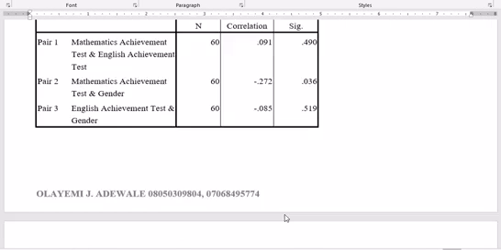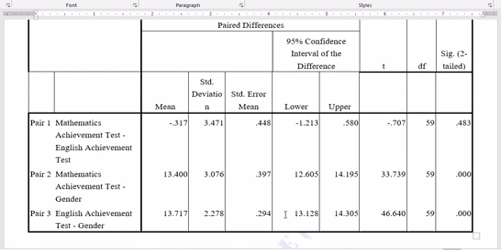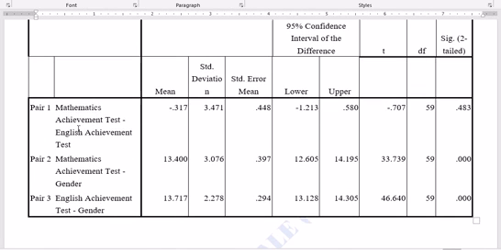Let's go to our t-test now. T-test for paired. Alright. Now, Paired 1, mathematics achievement test and English achievement test. This is what I have. Is that taken? Now, you come back here. This one is standard deviation, the mean, and the standard error mean. The lower, this is the confidence interval of the difference.